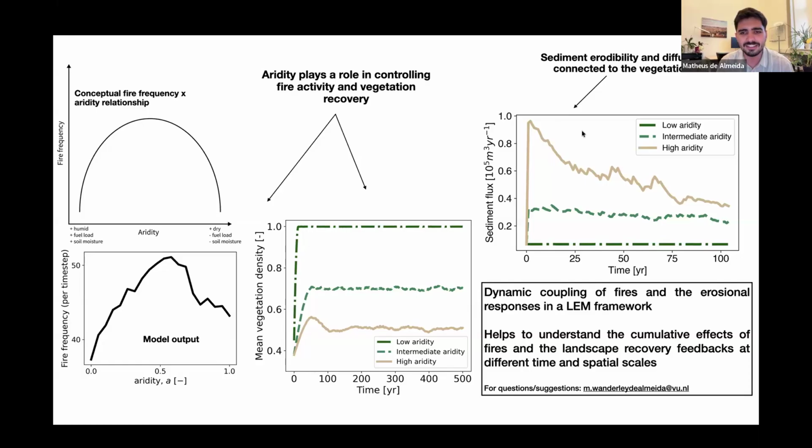The good thing about this is that now we can dynamically couple fires and these erosional responses in the landscape evolution modeling framework. It helps us understand the cumulative effects of fires and these landscape recovery feedbacks at different time and spatial scales. Feel free to send me an email if you are interested and want to talk a bit more about that.